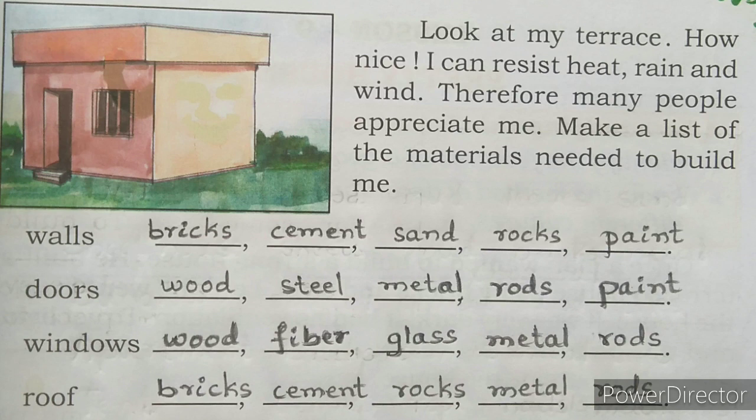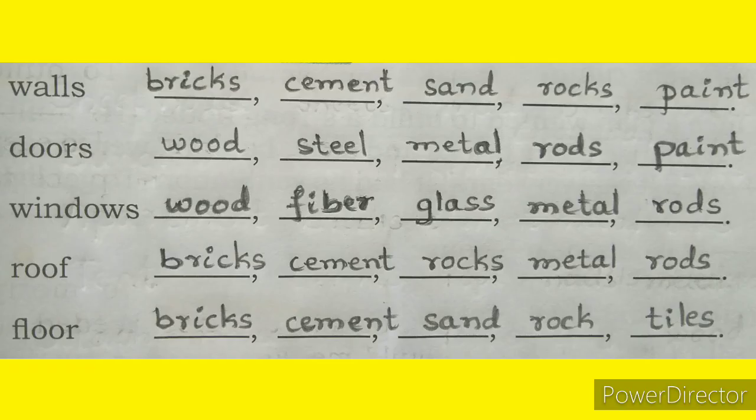Right? So, which are those materials? Write it here. So, first one, what is given? Walls. To build a wall, what do we need? We need bricks, cement, sand, rocks, paint.